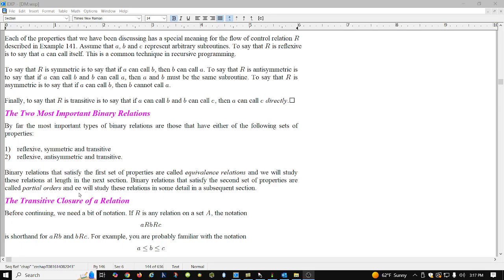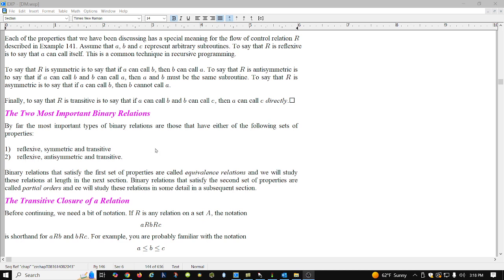Binary relations that are reflexive, symmetric, and transitive are called equivalence relations. They are very close to equality. They are candidates for equality. And the next video will discuss the equivalence relations in some detail.